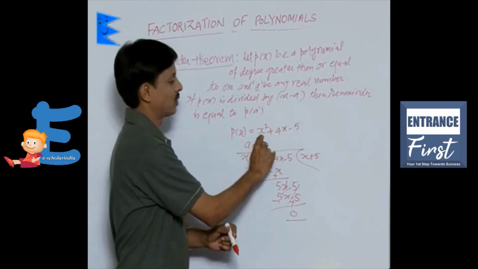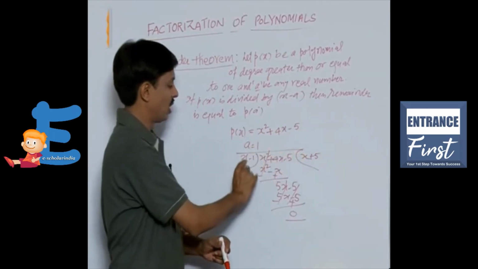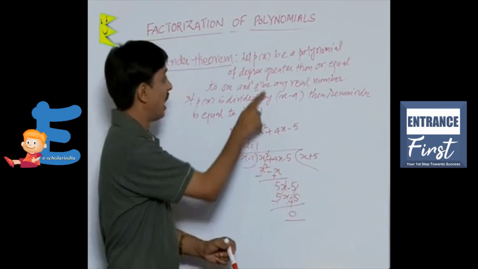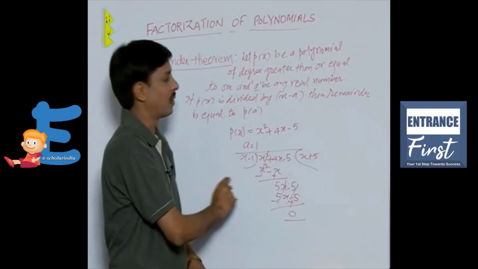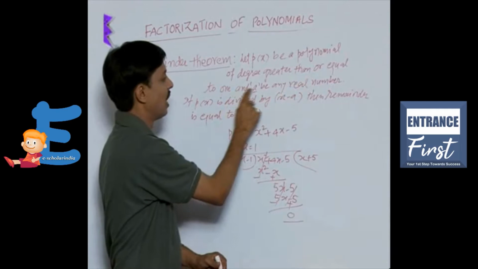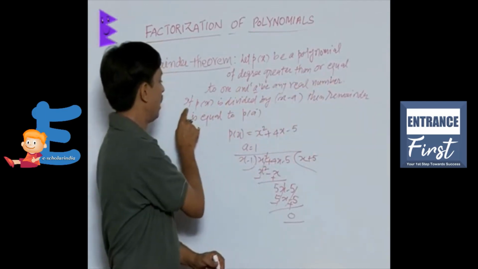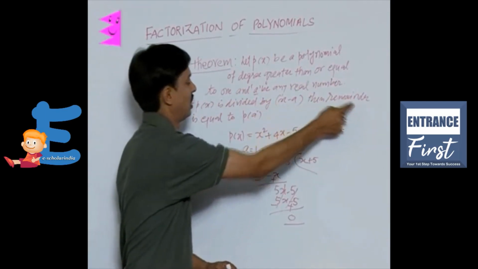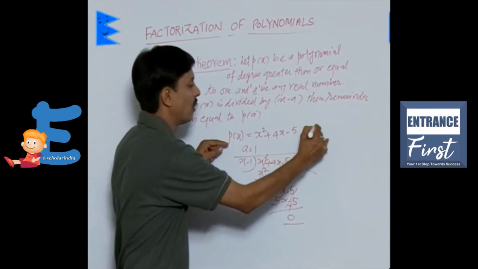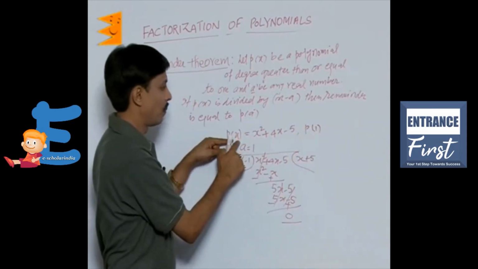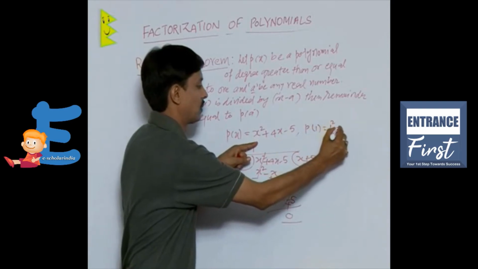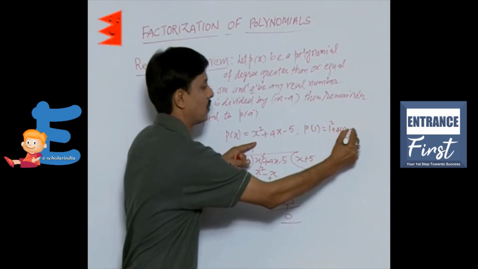So here P(x) was x square plus 4x minus 5, a was 1, x minus 1 divides x square plus 4x minus 5, remainder comes 0. As per this theorem, the remainder can be obtained directly if P(x) is a polynomial of degree greater than or equal to 1 and a is any real number. If P(x) is divided by x minus a, then the remainder is P of a. Here, what will be the answer of P of a? Here a is 1, so P of 1 is equal to 1 square plus 4 into 1 minus 5.